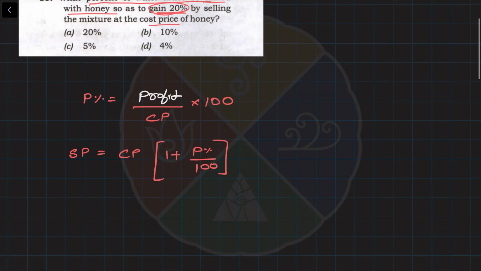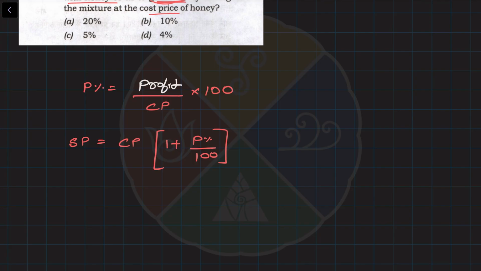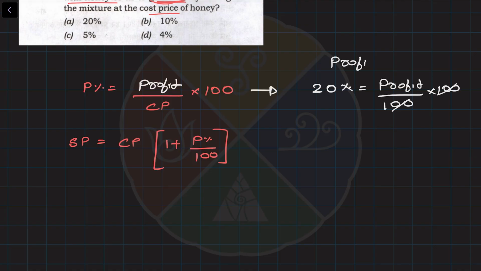Now let's assume our cost price is 100 rupees. Why are we assuming 100 rupees as cost price? Because it will cancel out. It's easy to do the problem that way. So if our cost price is 100 rupees and we have a 20% profit, from the first formula I can find my profit: 20 by 100 into 100, so my profit is 20 rupees.